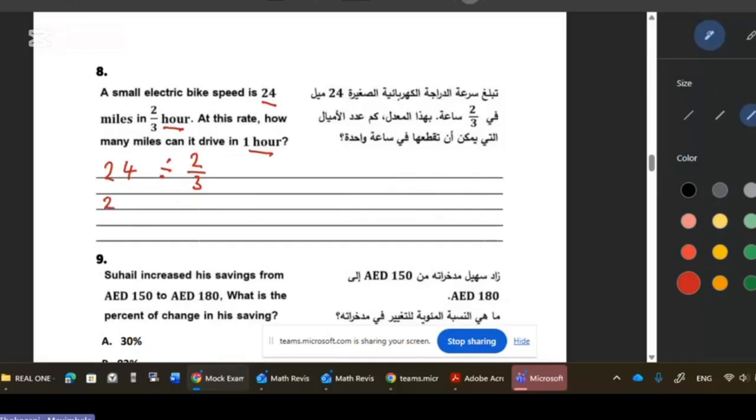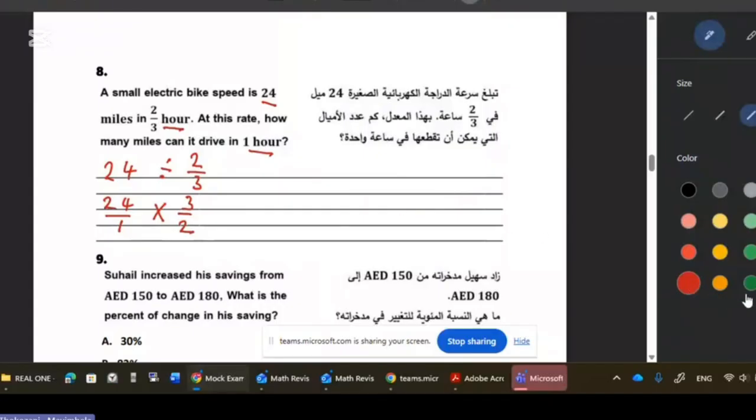And I'm dealing with a fraction. I'm going to make both of them a fraction, 24/1. And I'm going to change this. Right? Change this, and I'm going to flip it. Okay? So keep, change, and flip. So this now is going to be 3/2. Now, once you have a multiplication, you can try to simplify some few things that you see in front of you.